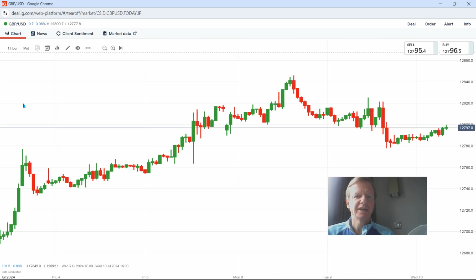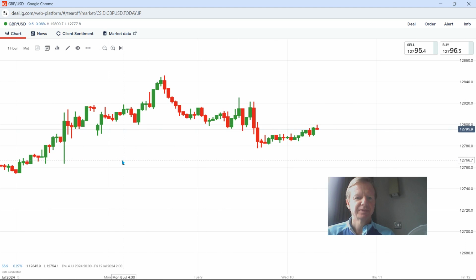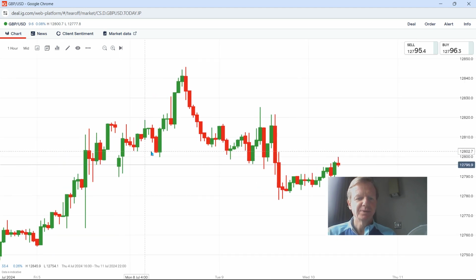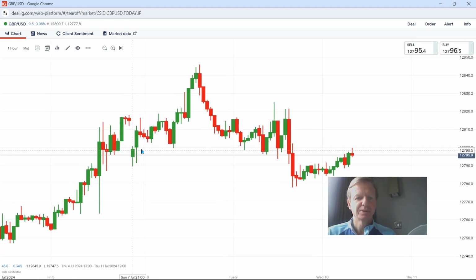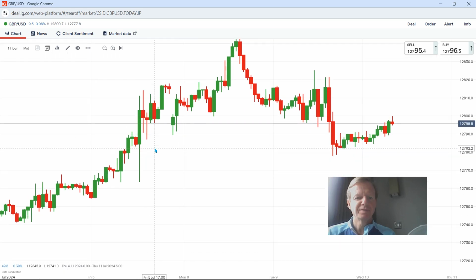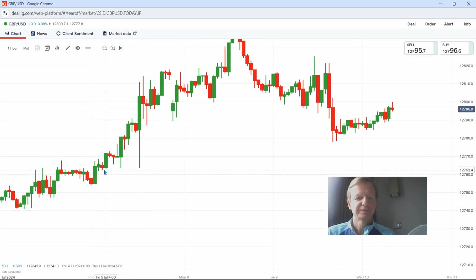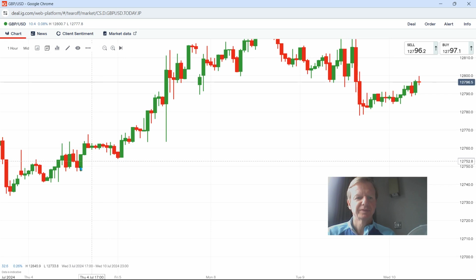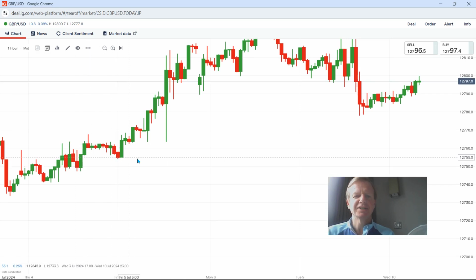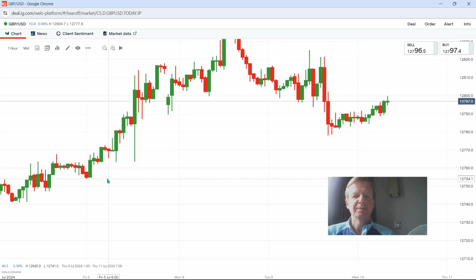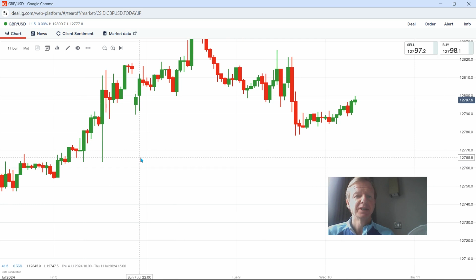So we nip back to the hourly chart. Look on the hourly chart here. See when the election was. The election was, it's the 4th. So it's Thursday, the 4th. So it's around here. So since the election, Thursday, Friday, because the Labour government got in, and the markets were expecting that anyway.